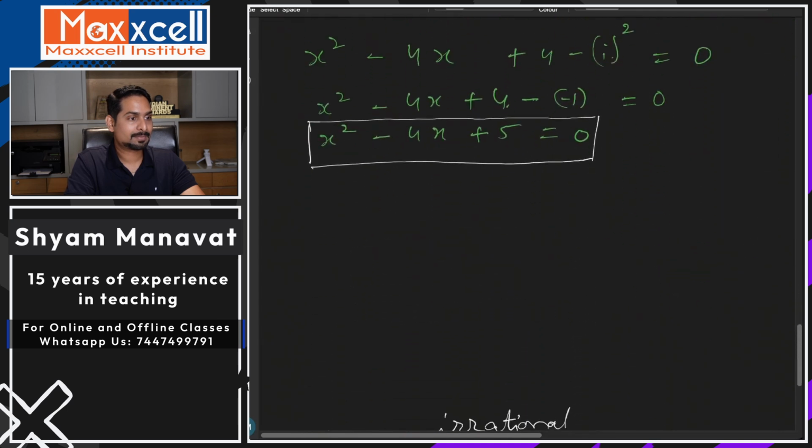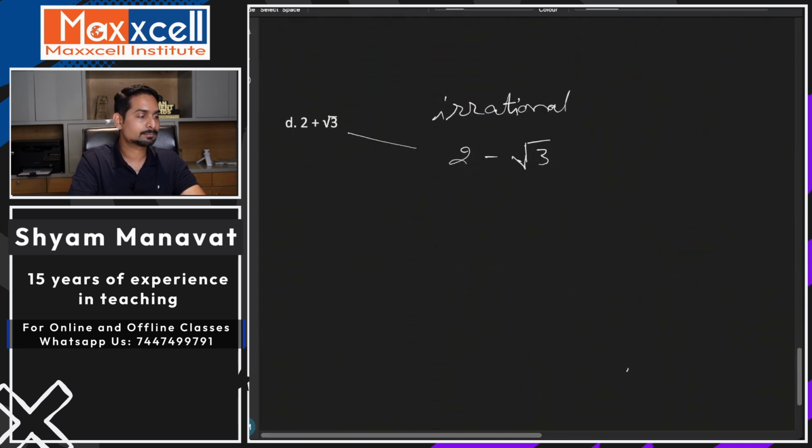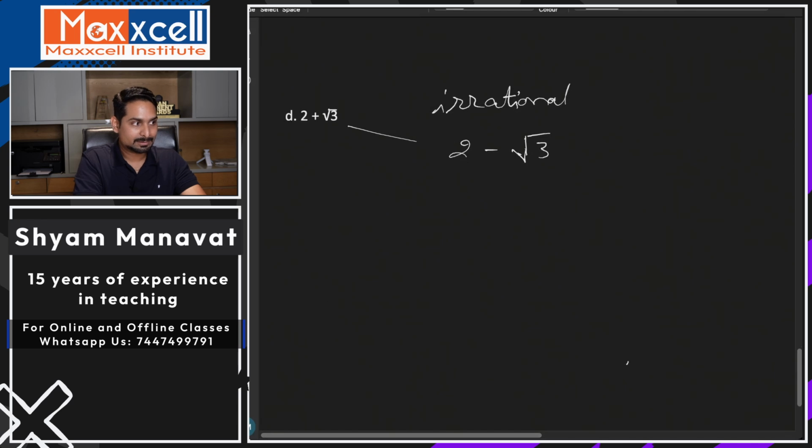Let's come to irrational roots. If one of the roots is 2 plus root 3, you can change the sign of the irrational part and say the other root has to be 2 minus root 3. Now, how do you simplify this? You got one root and the other root. So let's write the quadratic equation in the form of roots, which is x square minus alpha plus beta x plus alpha into beta equals 0.